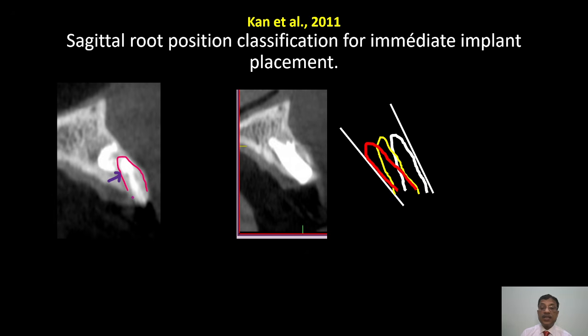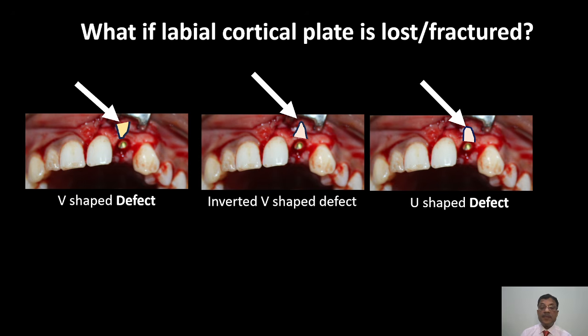Had the tooth been more palatally placed, this freedom of placing the implant palatally would have been lost. So we have to assess whether there is scope to place the implant more palatally, and whether the tooth is labially placed, palatally placed, or in the middle. Khan and colleagues did a remarkable study on this.